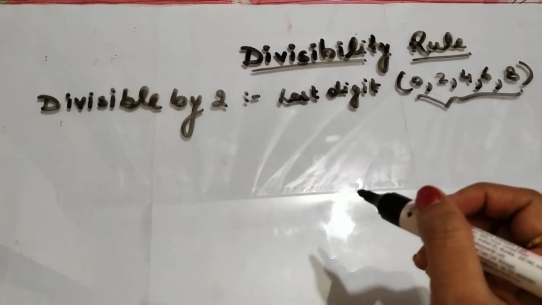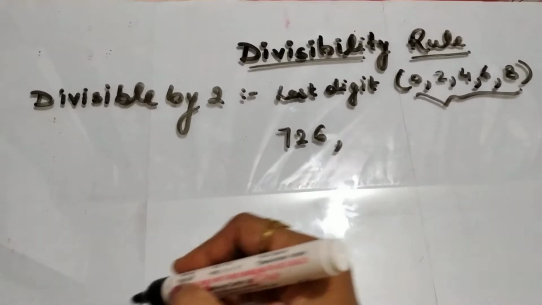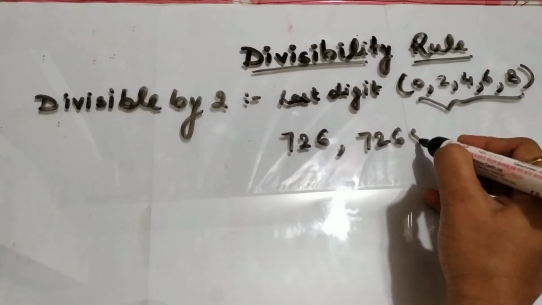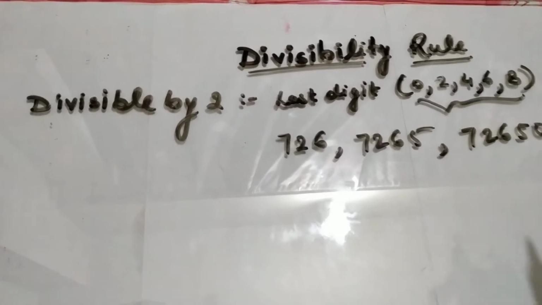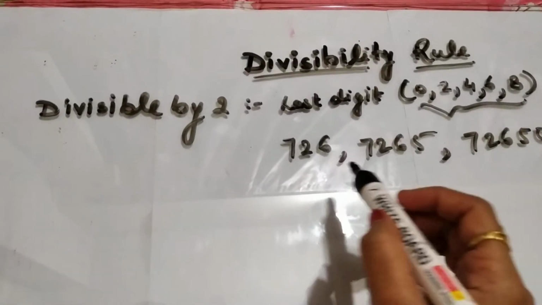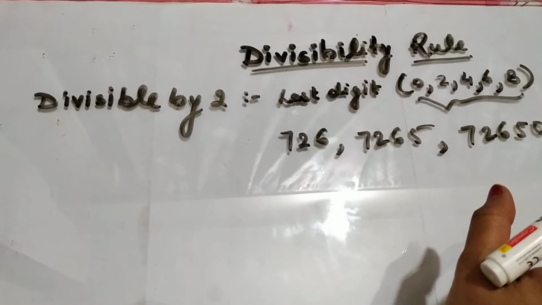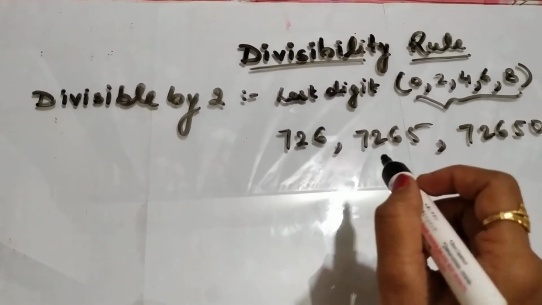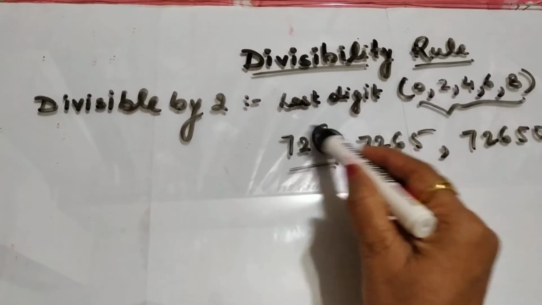For example, we take some numbers like 726, 72650. No need to divide the whole number. If it is asked whether it is divisible by 2 or not, just look at the last digit.